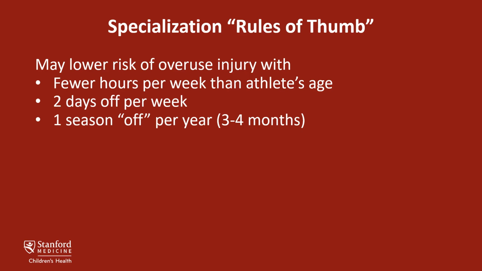I describe that their child's more likely to need to come see me in clinic for an injury if they play more hours per week than their age, do not take 2 days off per week from the primary sport, especially structured play, and if they don't have at least one off season during the year where competition and performance is not emphasized as much as maintenance, rest, and rehabilitation for any injuries. We think about the off season duration of 3 to 4 months.